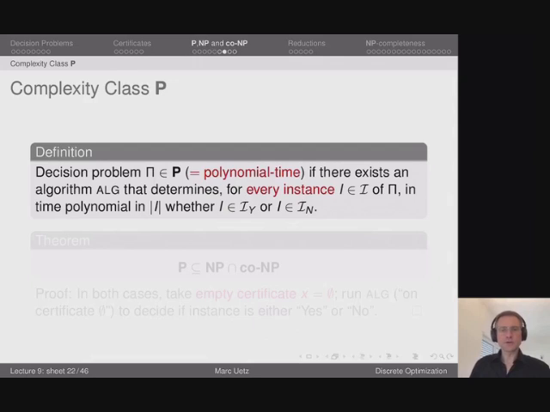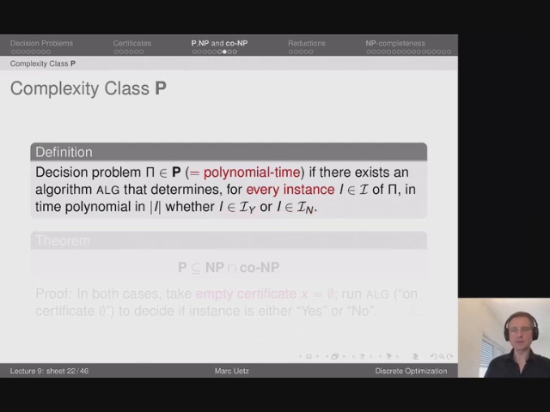But first of all, in order to formulate it, let us recall or define the complexity class P for polynomial time solvability. So we say that a decision problem pi is a member of the class P for polynomial time solvability if there exists an algorithm that runs in polynomial time for any input instance, and it can determine for any input instance whether the instance is a yes instance or a no instance.